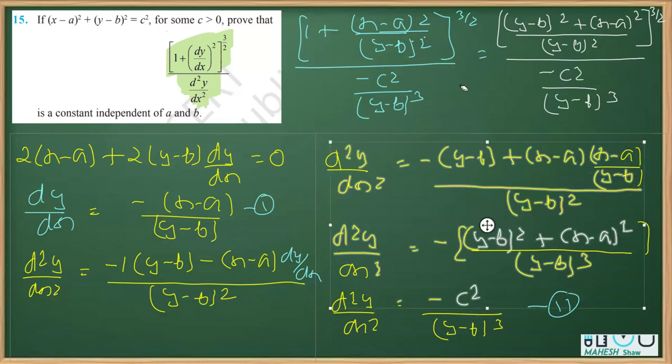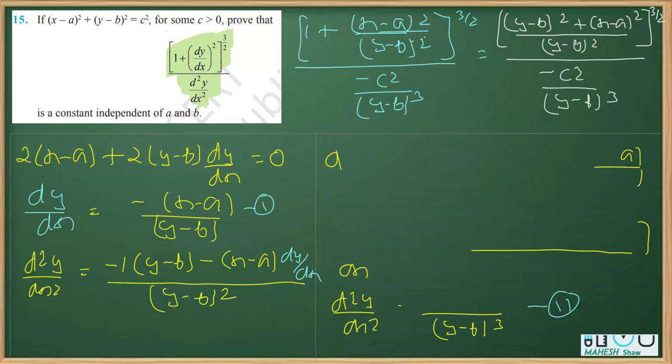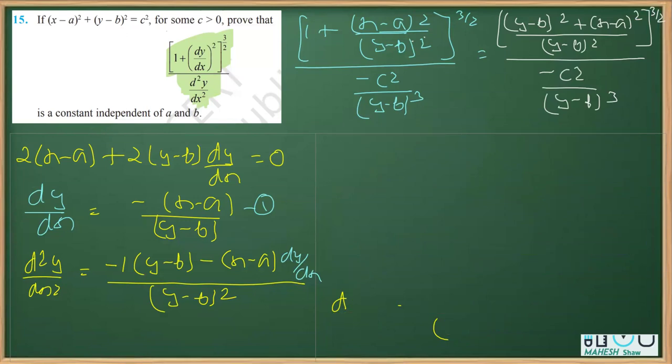Now I'll need some space here. So once again, I'm going to replace this thing with c. As you know that (x minus a) whole square plus (y minus b) whole square is c square, if I replace this with c square, divided by (y minus b) whole square, and then we have whole power 3 by 2.